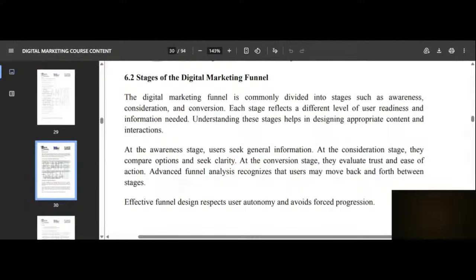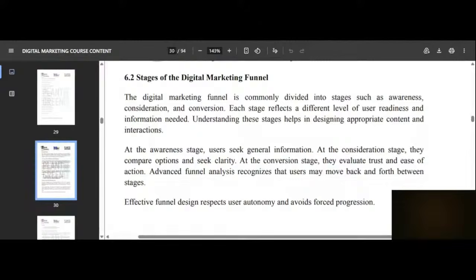And the third option is to offer a clear action to them: make them buy, make them join the course, make them enroll in a course, make them purchase it. Buy now, join now, all those buttons you see on the website. So that is the goal of marketers during the third stage of the funnel, which is the last stage, the bottom of the funnel, called the conversion stage.